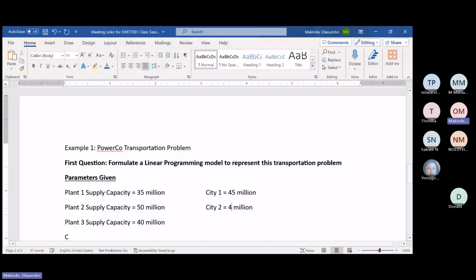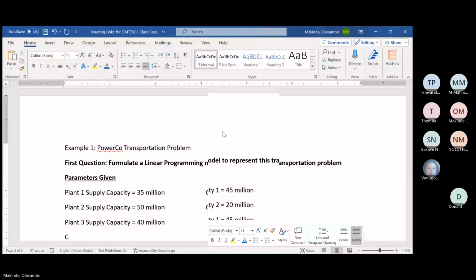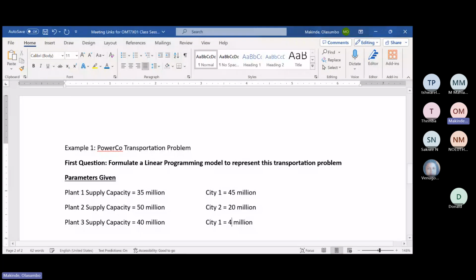So I'm going to write this out. Then city 3, the demand is 30 million.